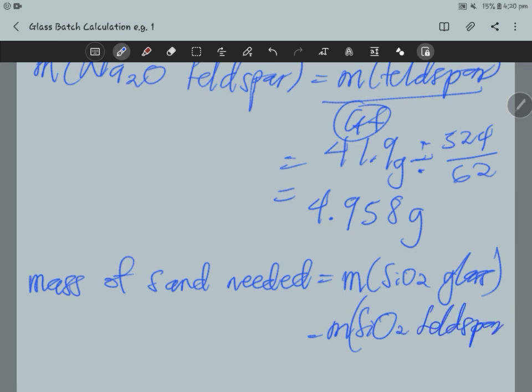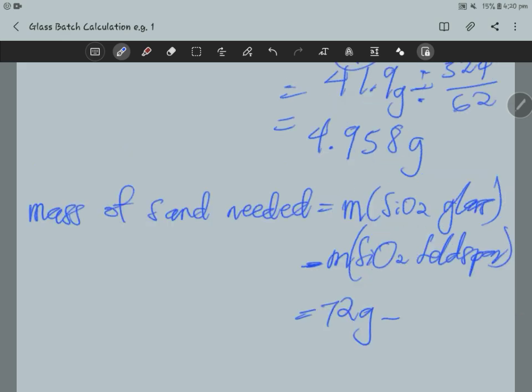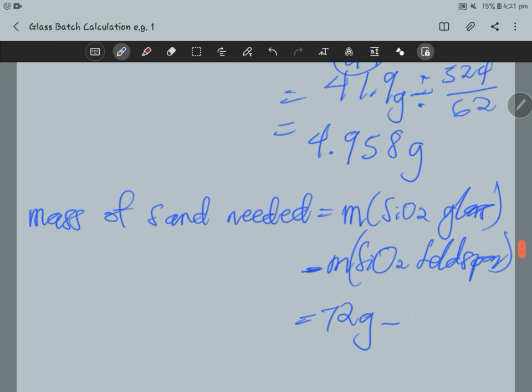That will give you the mass of sand that you must add. So that's 72 grams minus 28.786 grams.